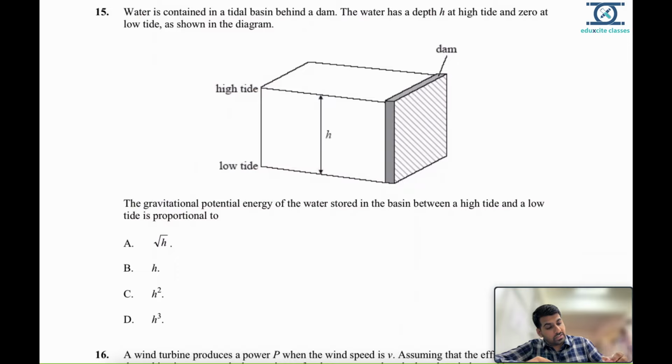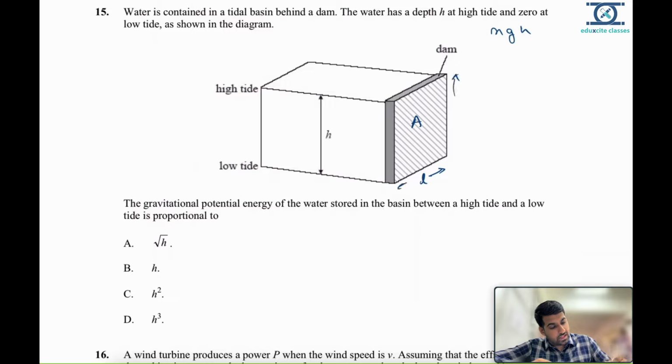Okay, so let us say the gravitational potential energy is mgh, and for the mass stored, let us say the area of cross section is A, this is the height, this I can say is the base, and this is, let us say, the length.